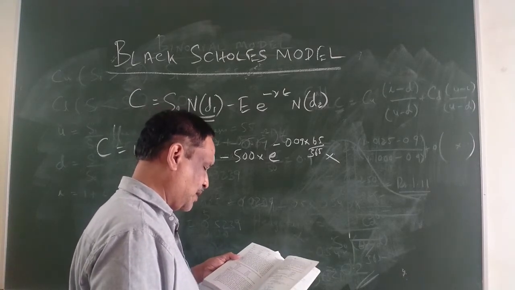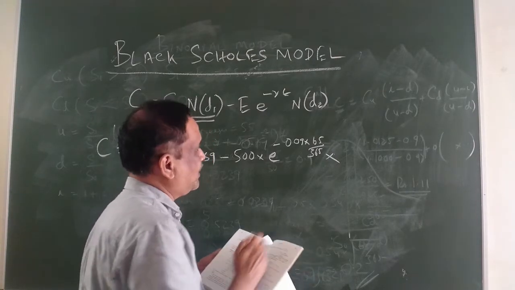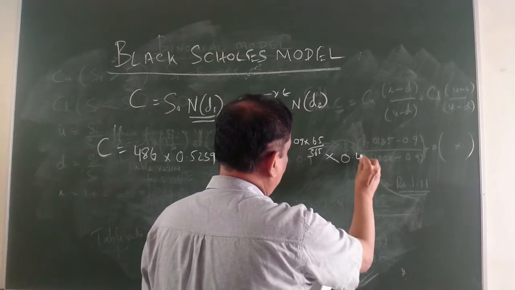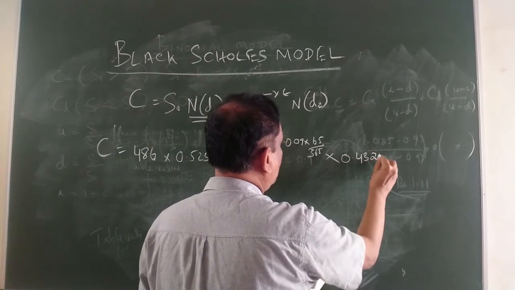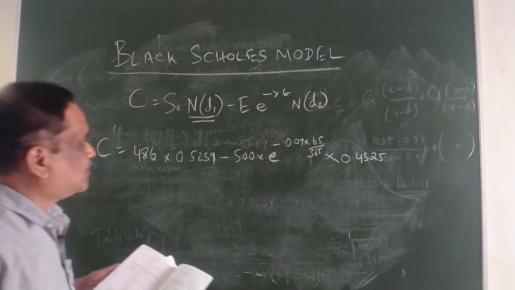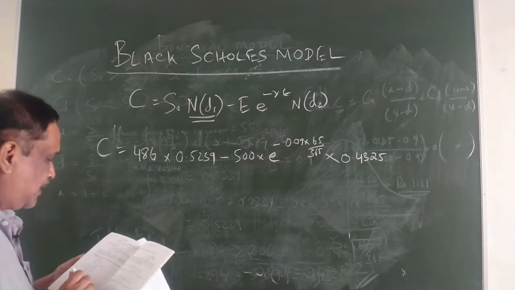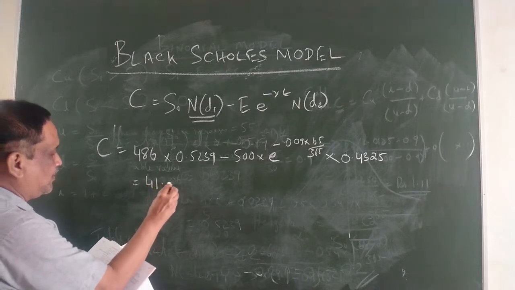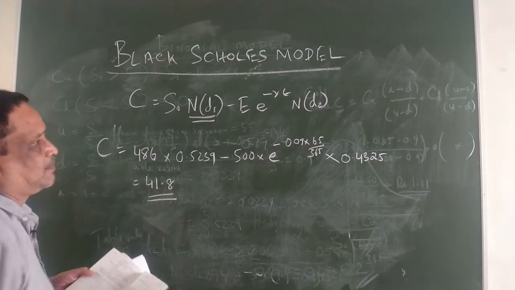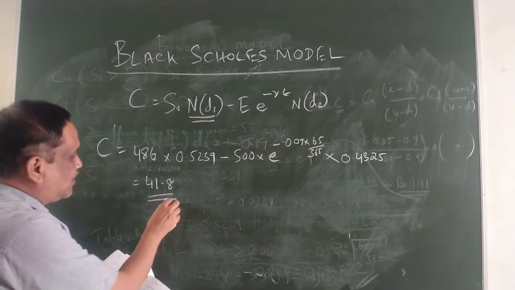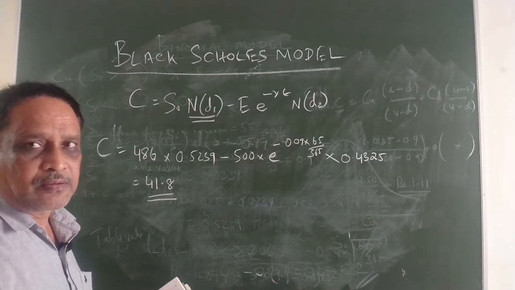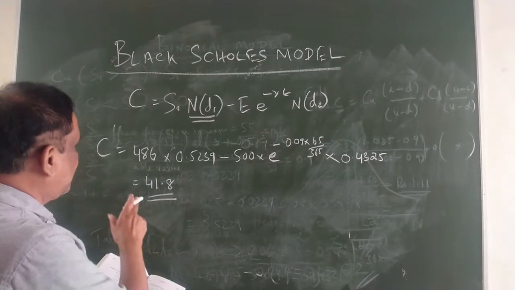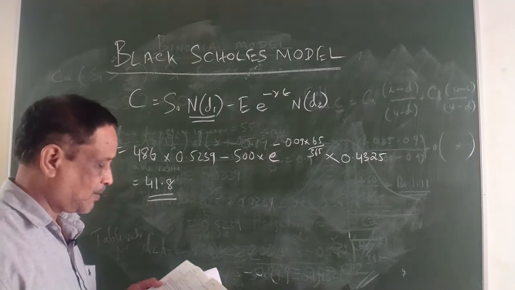N of D2 we have found to be 0.4325. So when you solve this, you will get an answer of 41.8. So we have calculated the call option value to be 41.8.